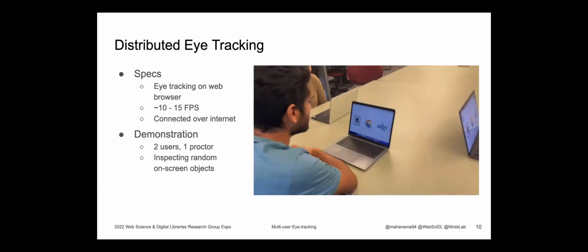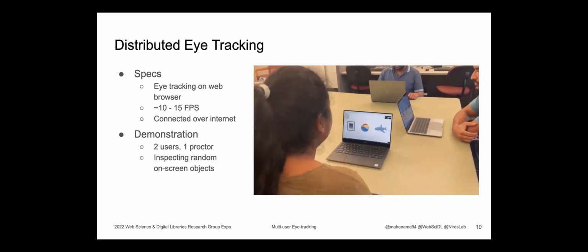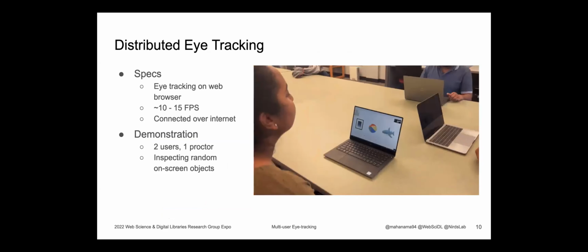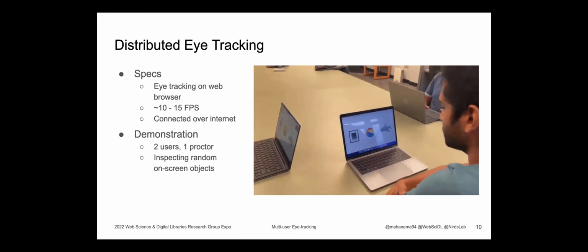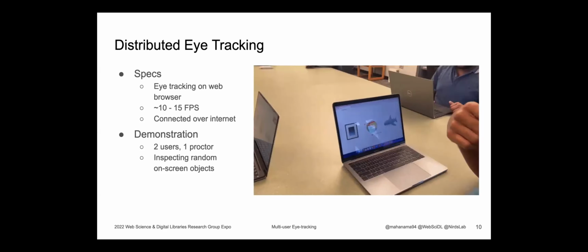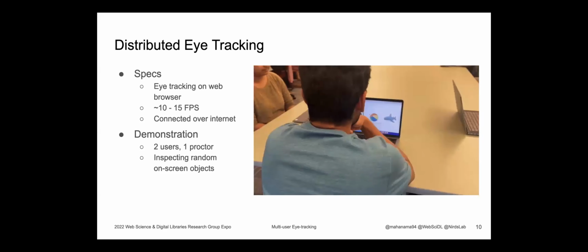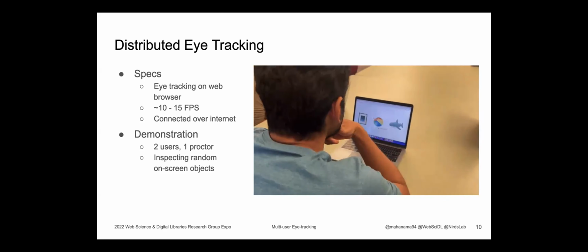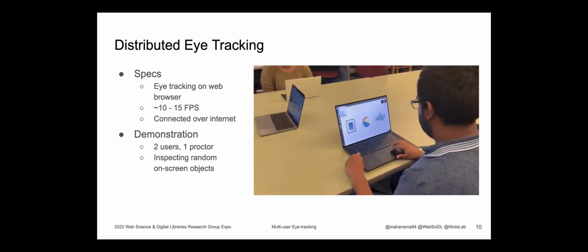These 3 devices are connected across the network, and it provides the proctor with the real-time gaze positions. In this experiment, we achieved roughly 10 to 15 frames per second, and this provided a good starting point for distributed eye tracking systems.